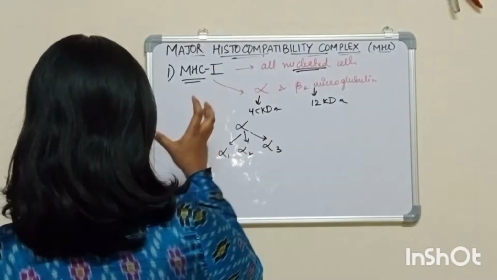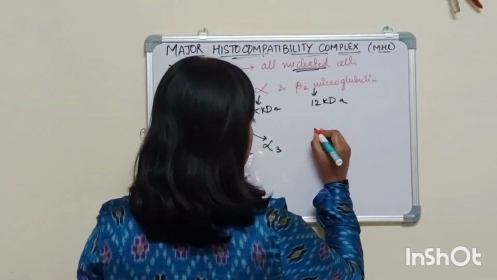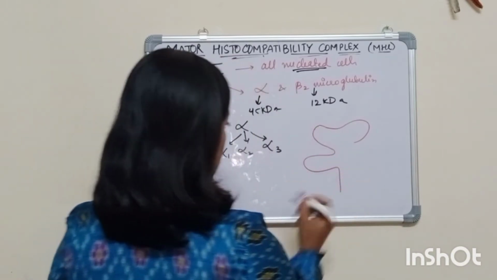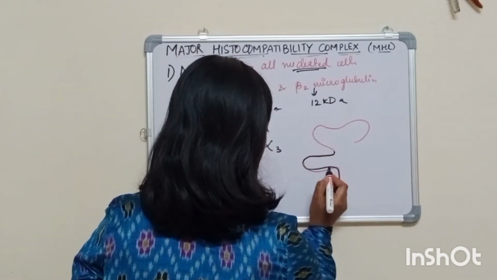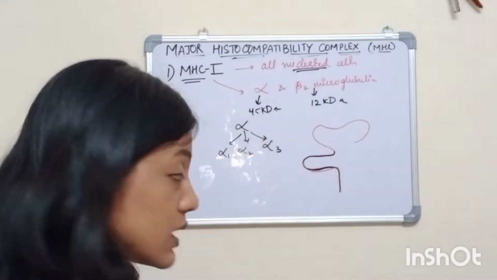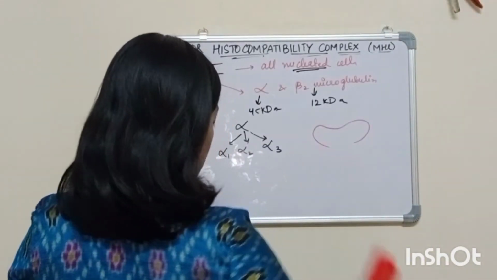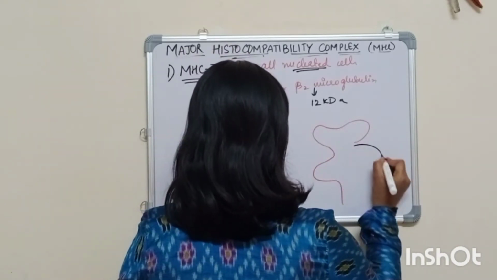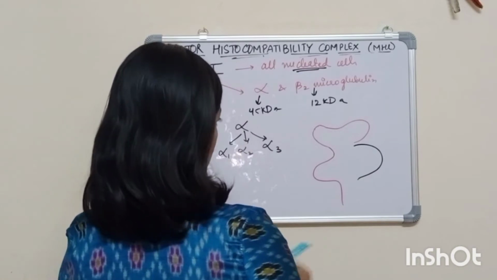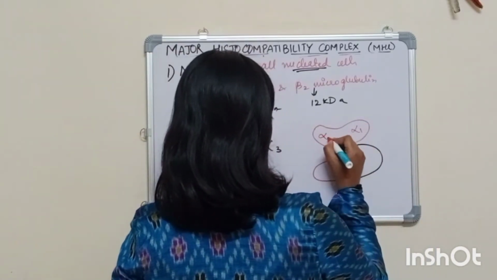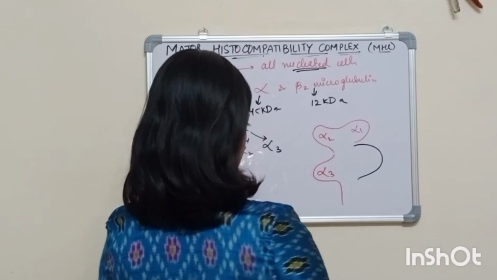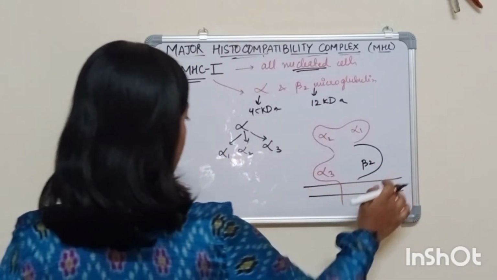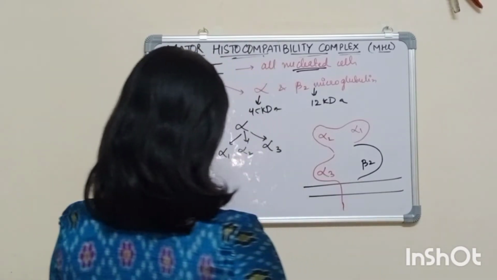Now let's see the structure of MHC1. This is alpha 1, alpha 2, alpha 3, and this is beta 2 microglobulin. This is the plasma membrane. This is the cytosolic end.